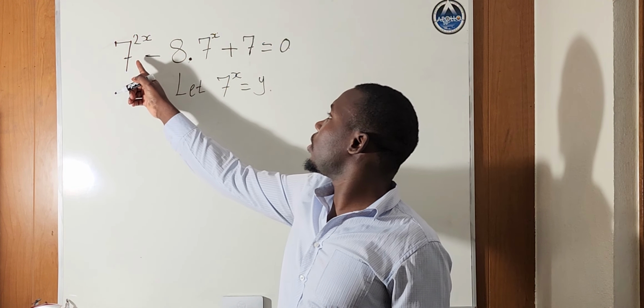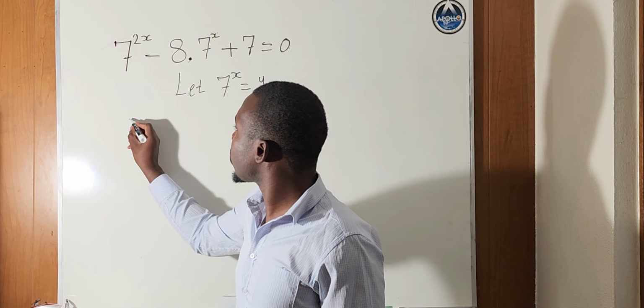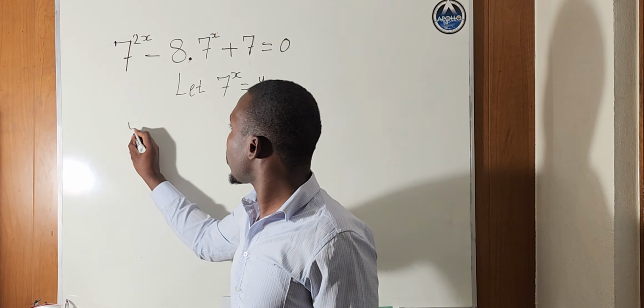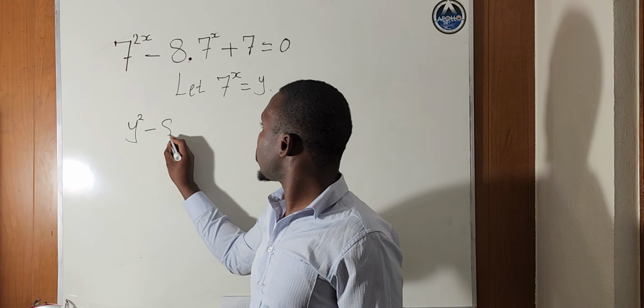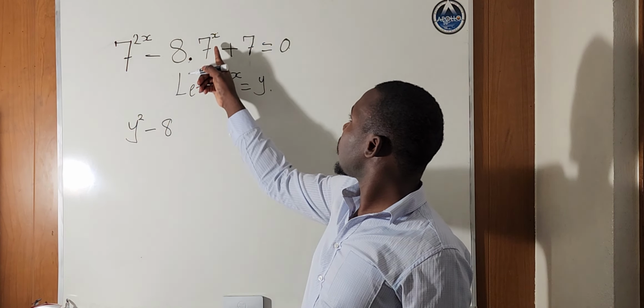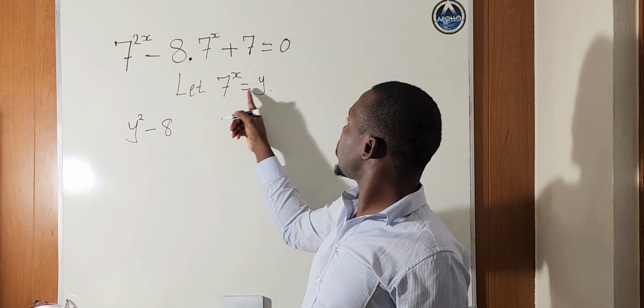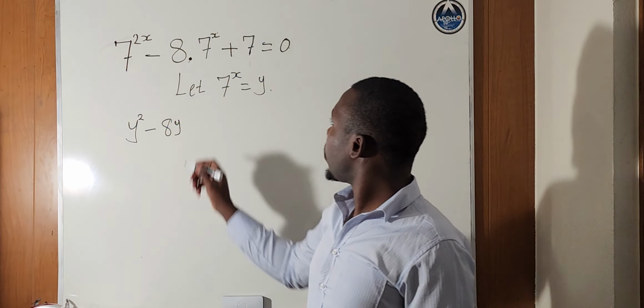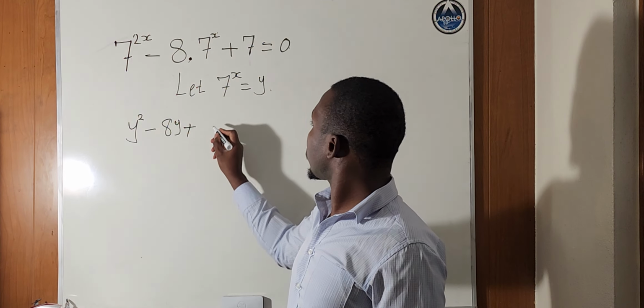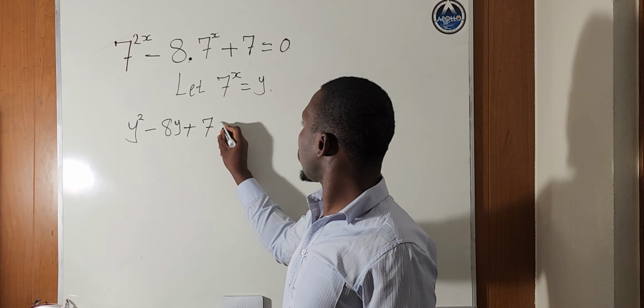So this will give us y squared minus 8 times 7 power x, which is 8y now, plus 7 equals 0.